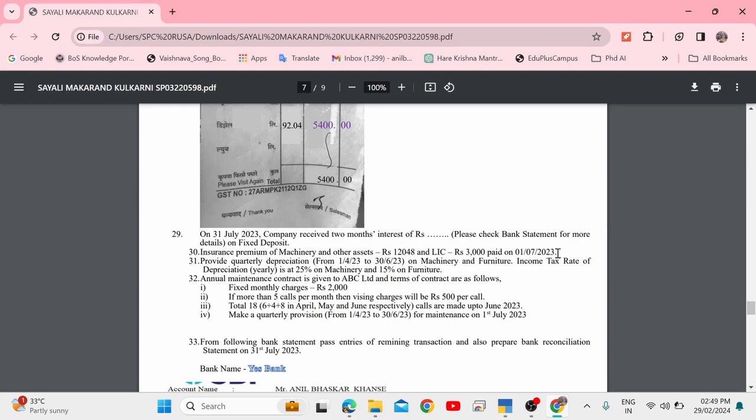यानी आपका फाइनेंशियल ईयर क्या है? 1/4 to 31st March, 1st April to 31st. You have got extra benefit of 3 months for payment of 12,048. You understood? By paying this much, 12,048, you will get the benefit of extra 3 months. What to do for extra 3 months?